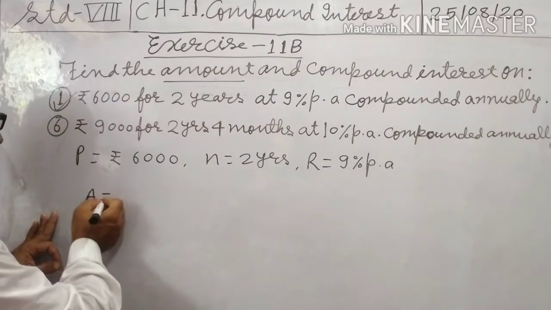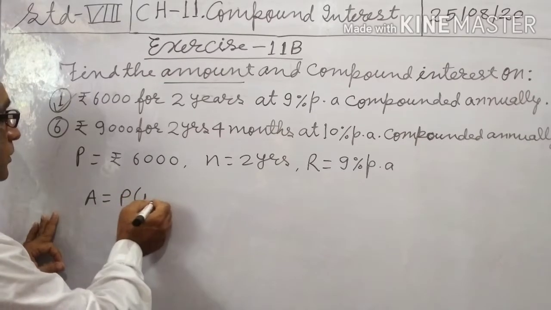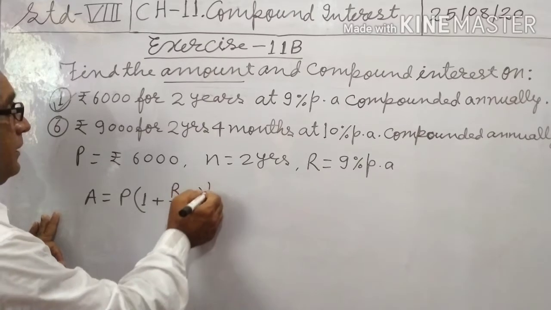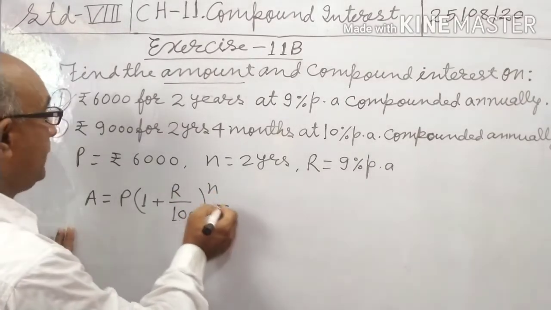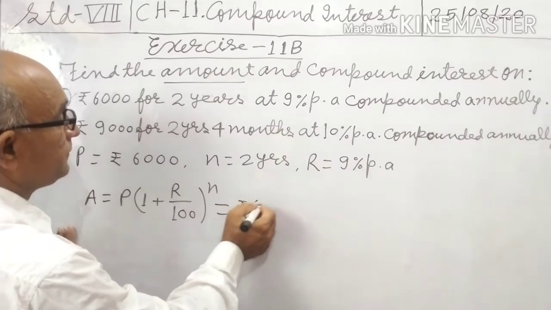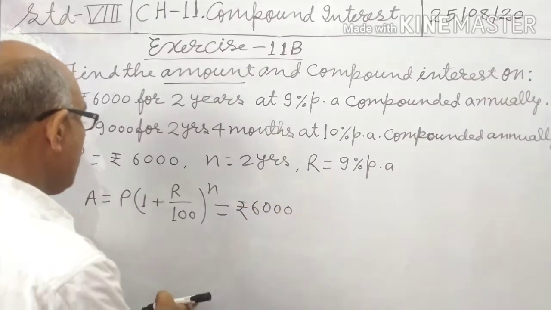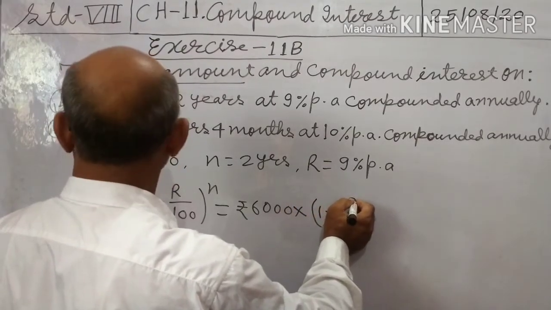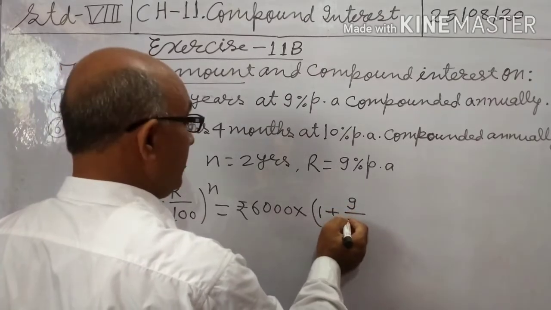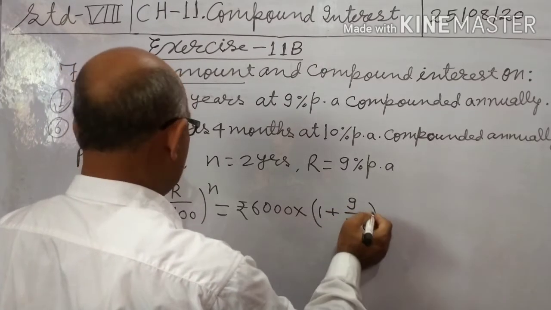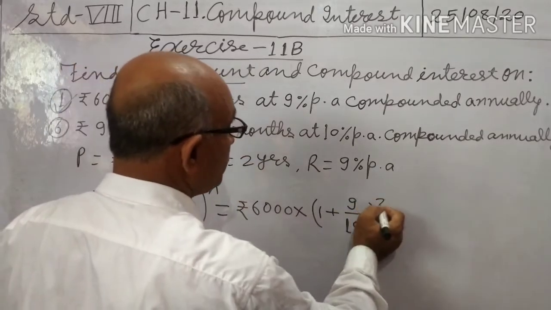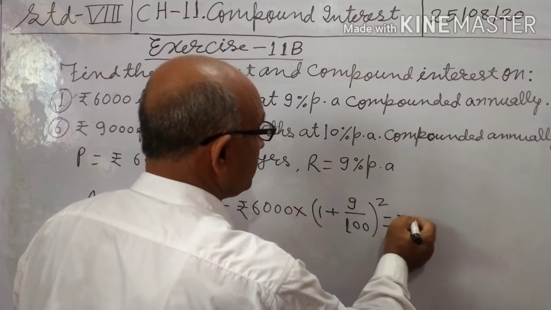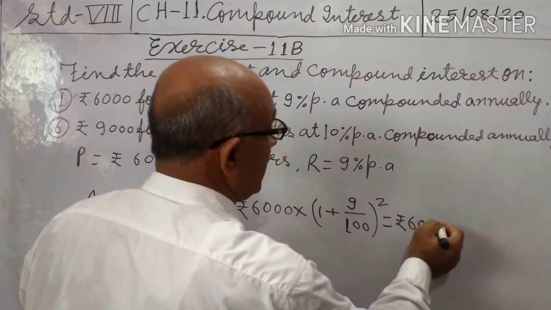A equal to P into 1 plus R by 100 to the power n, equal to rupees 6,000 into 1 plus 9 by 100 to the power 2.